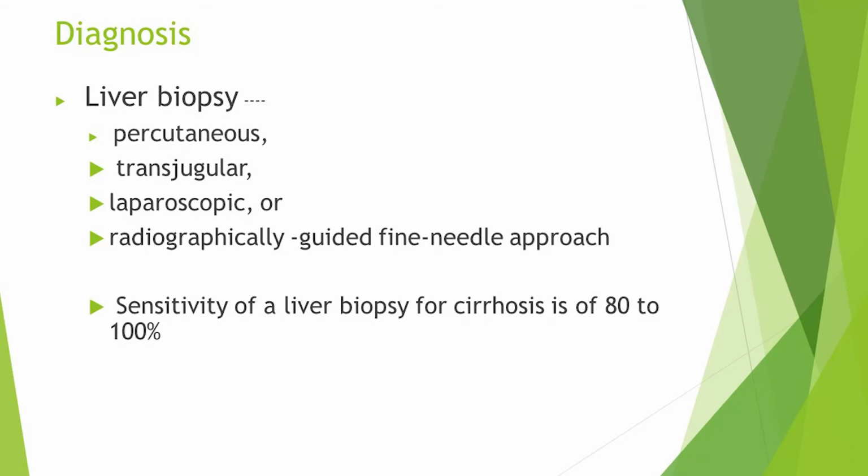The most common is percutaneous liver biopsy. In some special situations, when necessary, transjugular liver biopsy. Another is commonly done by surgeons, laparoscopically, taking a specimen from the liver, and sometimes radiologically guided, that is CT-guided, liver biopsy is done.